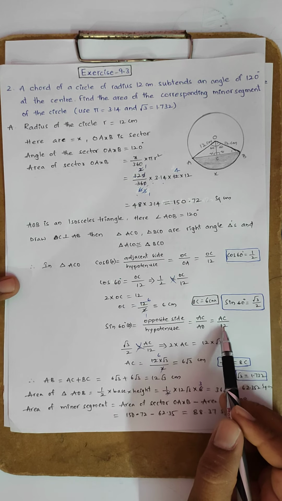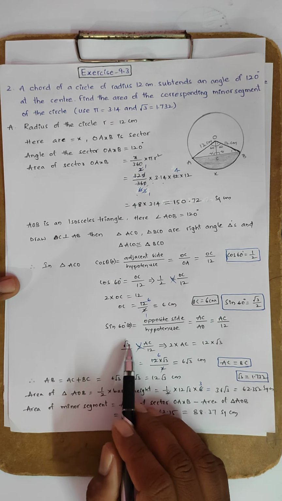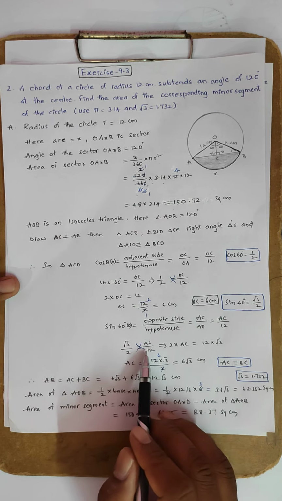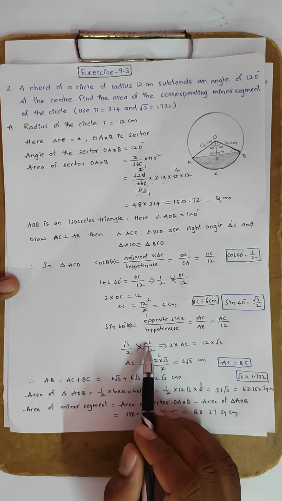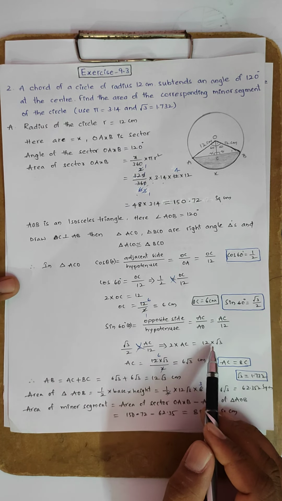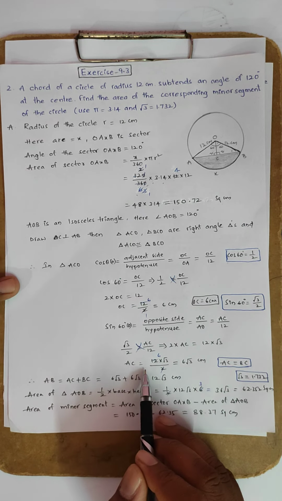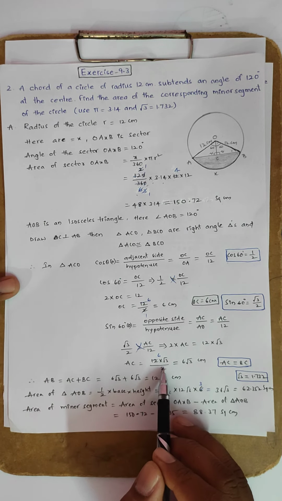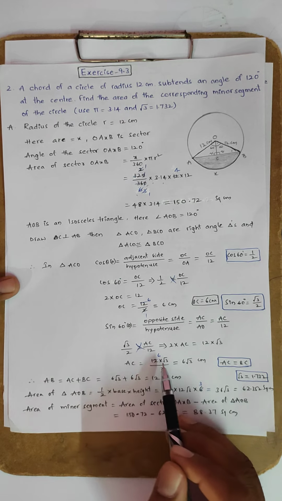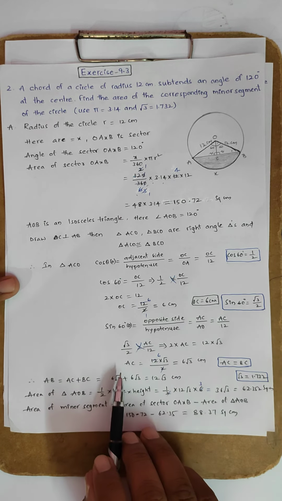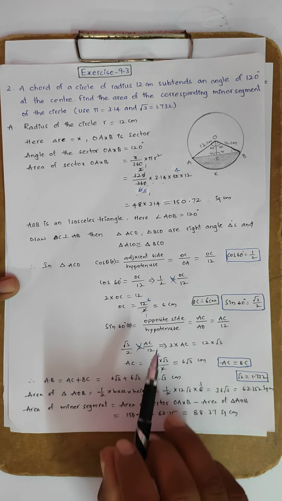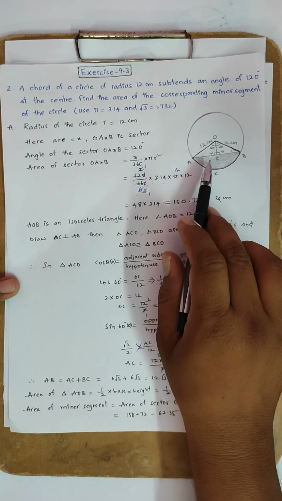AO value is 12. Sin 60 is root 3 by 2, equal to AC by 12. Do the cross multiplication. 2 AC is equal to 12 into root 3. AC is equal to 12 root 3 by 2, which is 6 root 3 centimeters. This is the length of the base side in this triangle.